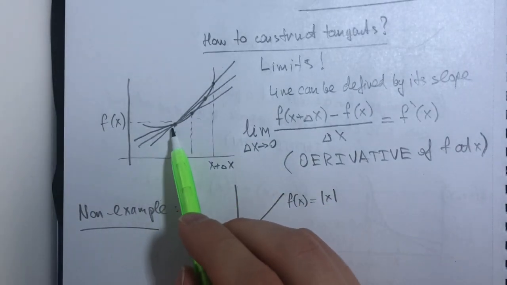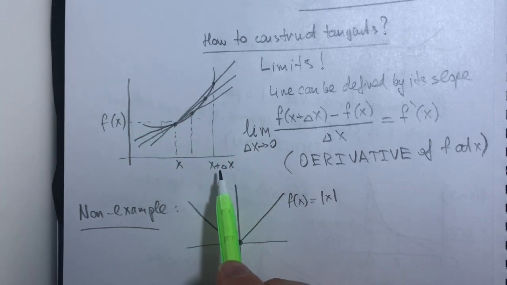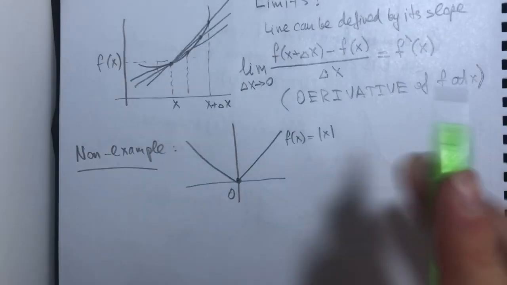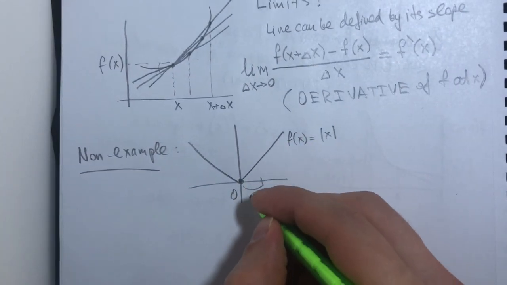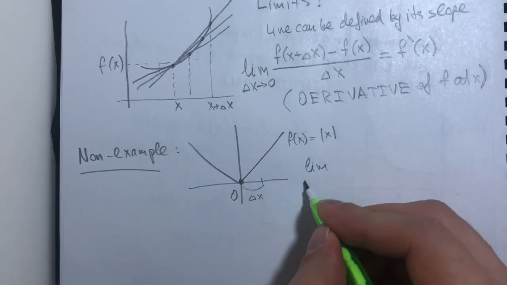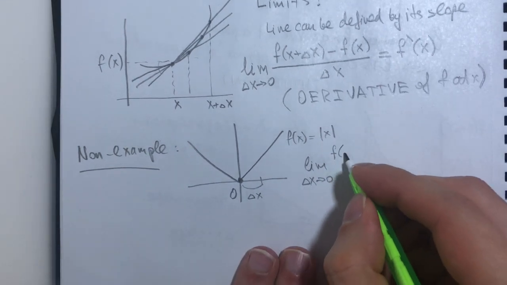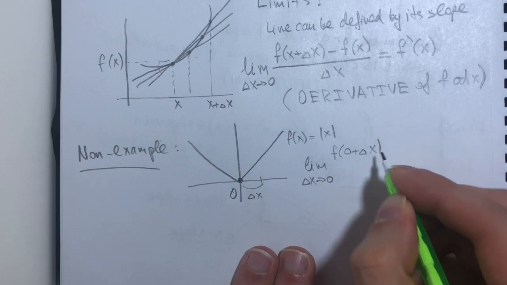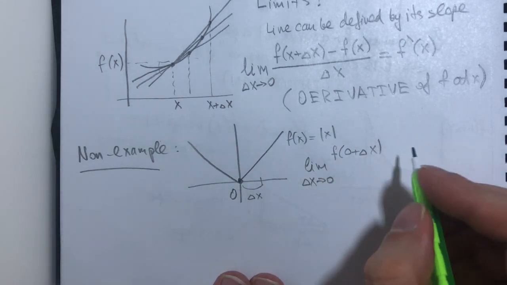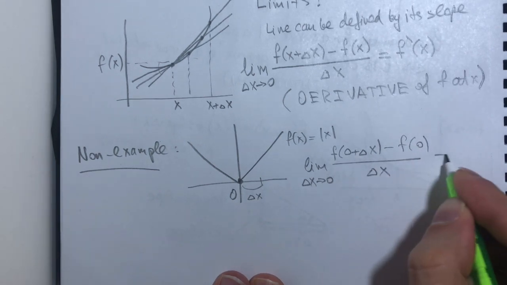So my tangent should be an approximation in the neighborhood, right? Nothing forbids me from taking delta x positive or negative. So let us try taking positive delta x and calculating this limit. What do we get? As delta x tends to 0, f of 0 plus delta x, remember that my x is 0, minus f of 0, over delta x.